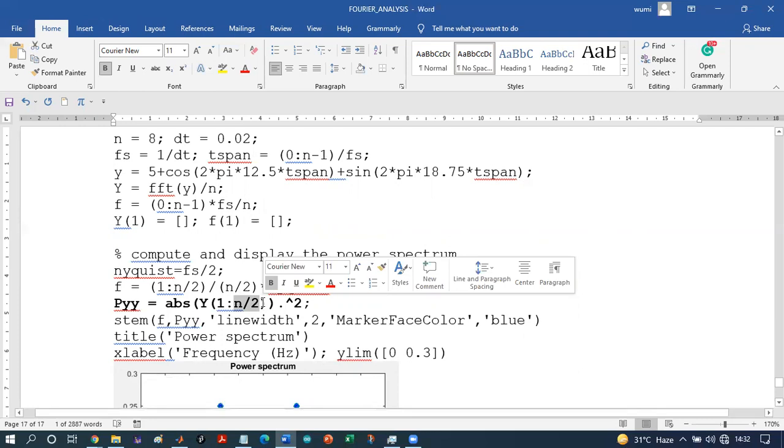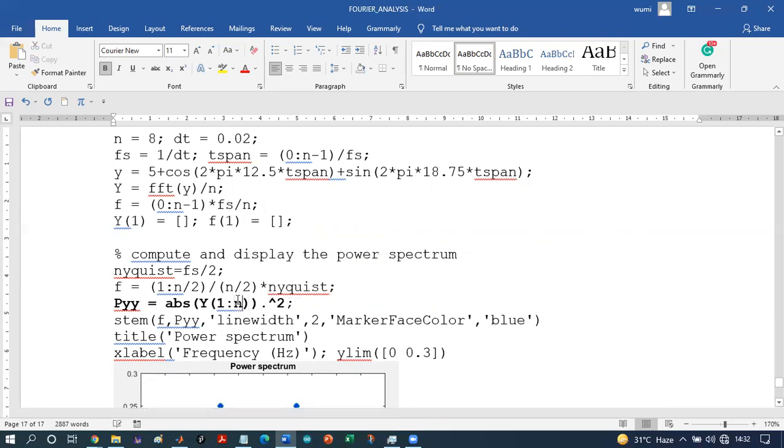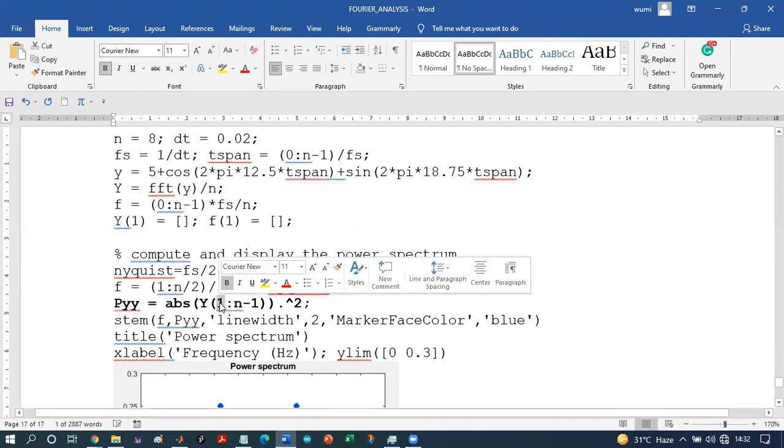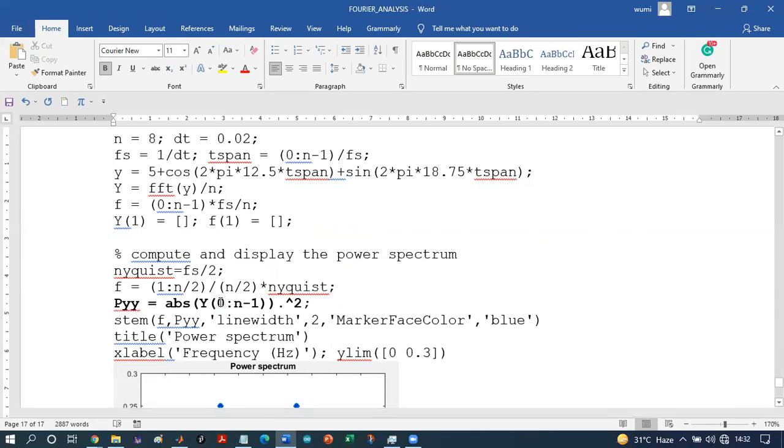If you were to plot the whole sequence, it would start at 0 and end at n minus 1, from f of 0, f of 1 till the last value, n minus 1.